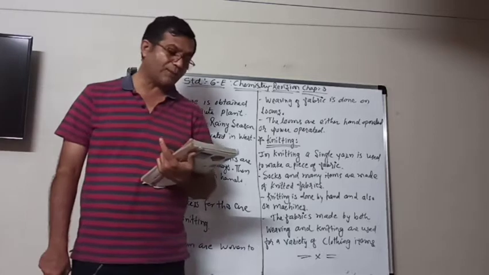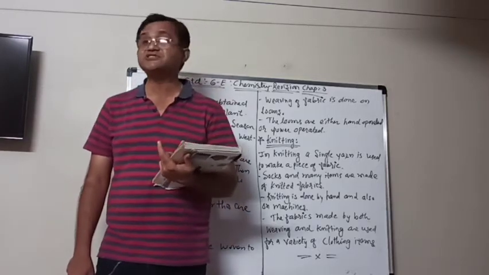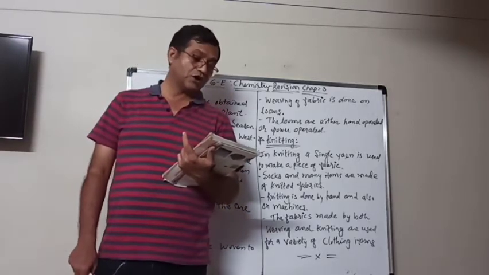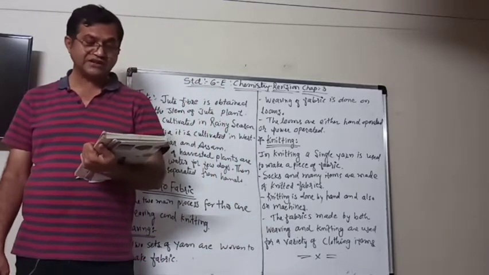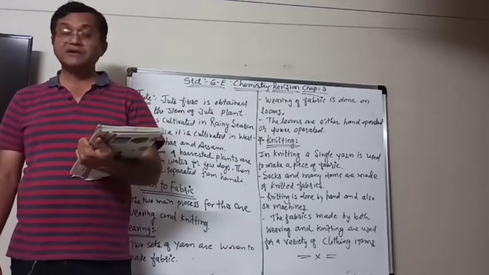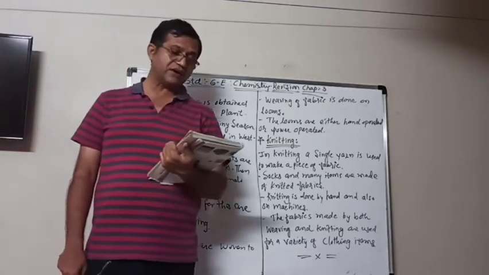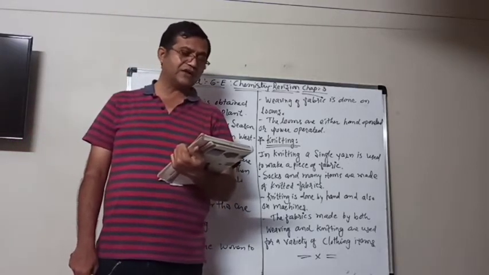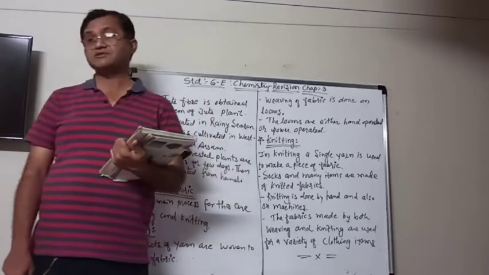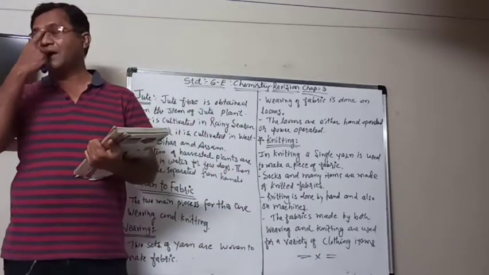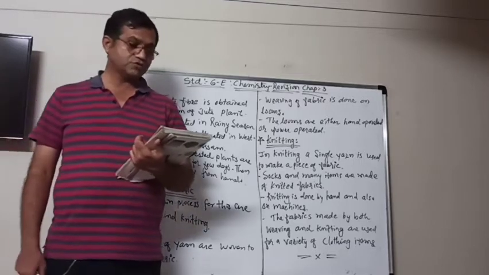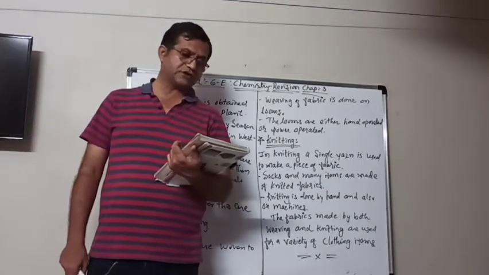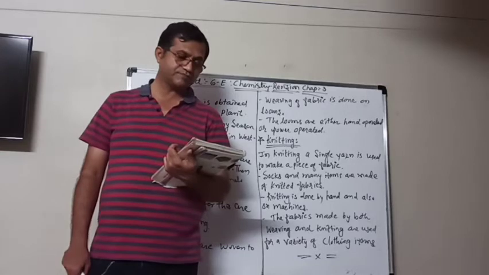Flax is also a plant that gives natural fibers. In ancient Egypt, cotton as well as flax were cultivated near the river Nile and were used for making fabrics. So they learned how to make fabrics and weave them into clothing materials.